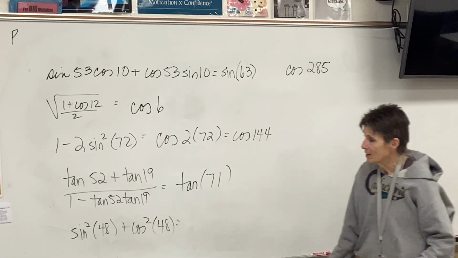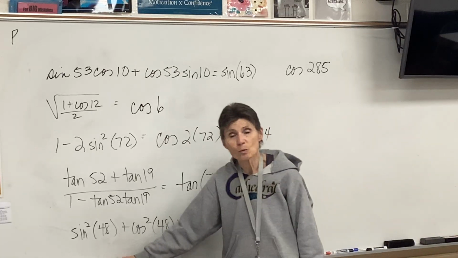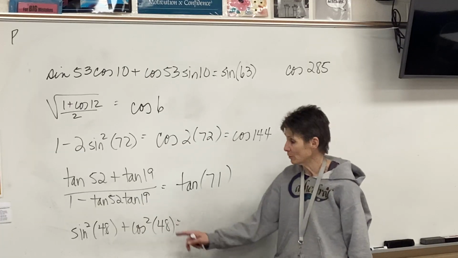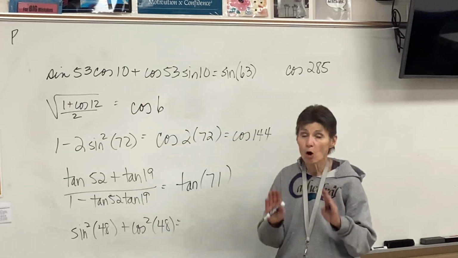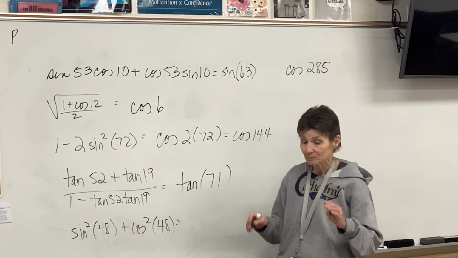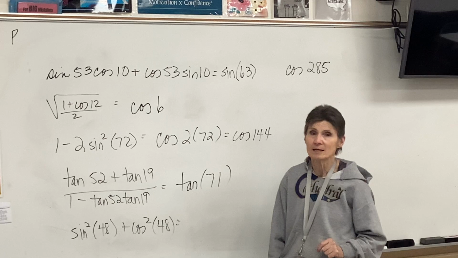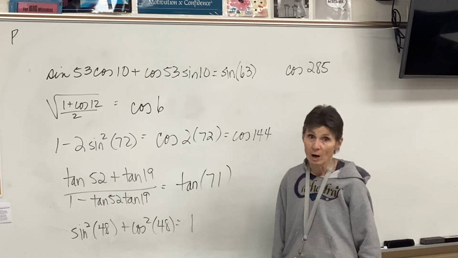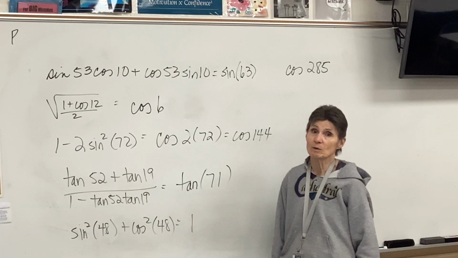Think tattoo. This is sine squared plus cosine squared, and it doesn't matter what these are as long as they're the same thing. If that's a 48, that's got to be a 48. But as long as they're the same thing, sine squared plus cosine squared is always going to be 1. Always going to be 1.